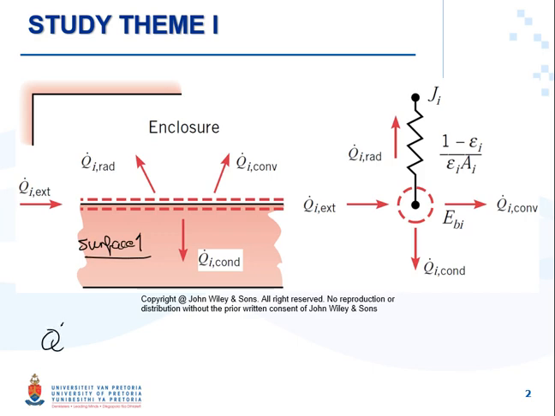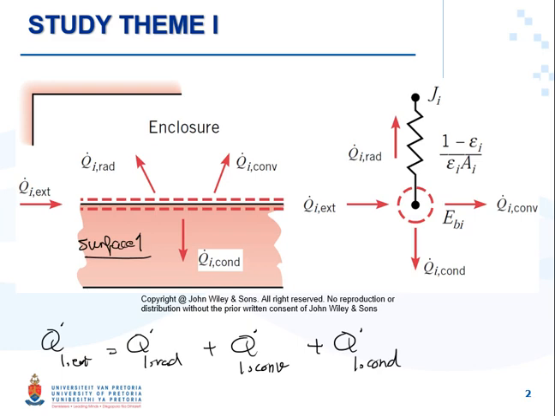So basically what we say is q dot 1 ext equals q dot 1 radiation plus q dot 1 convection plus q dot 1 conduction. We have three modes of heat transfer.